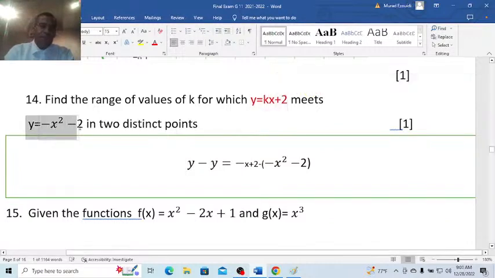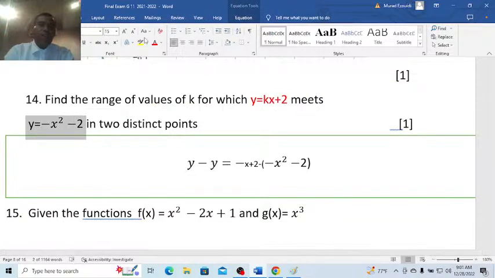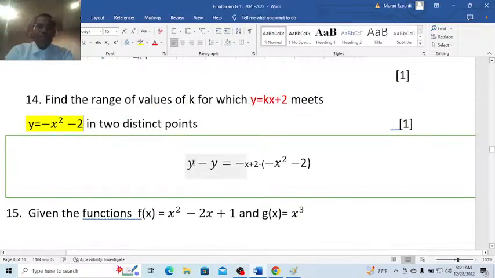Okay, this is the second equation. Therefore y minus y, in fact, is 0.